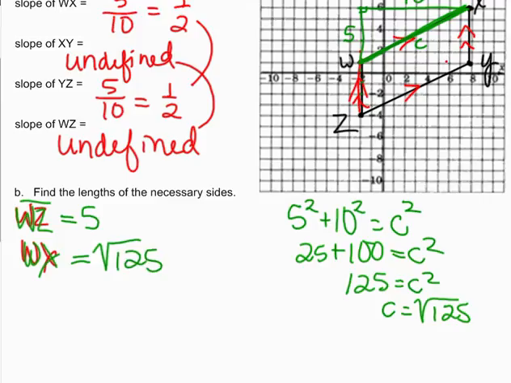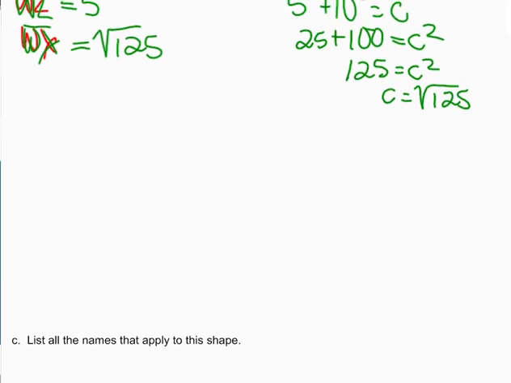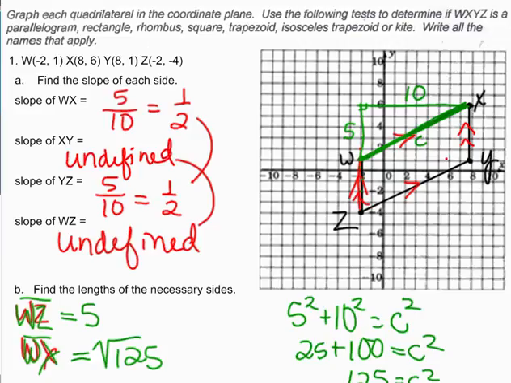Okay, so are these two sides the same? WZ and WX. They are not the same, so we don't have a rhombus. So if you list all the names that apply to this one, we are going to say it is a parallelogram because it has two sets of parallel sides.